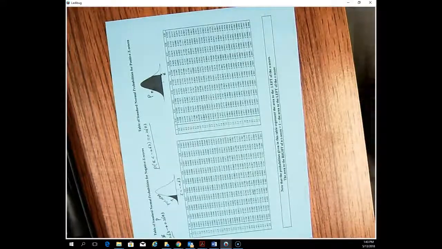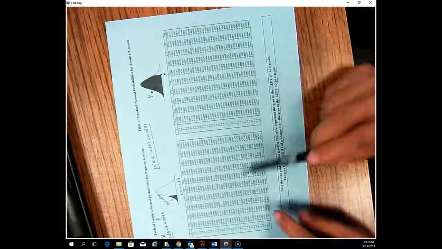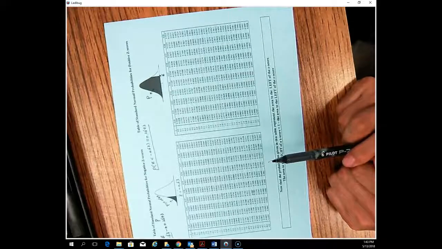Now let's look at the structure of the z-table. With the z-table, we can find the probability of any event in the z distribution. In the z-table, we have two sides of the table, and they have exactly the same structure.